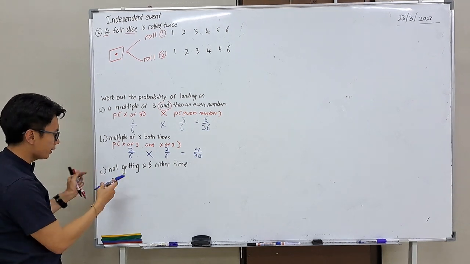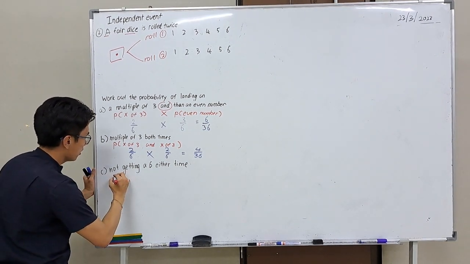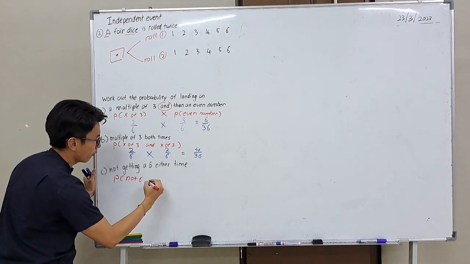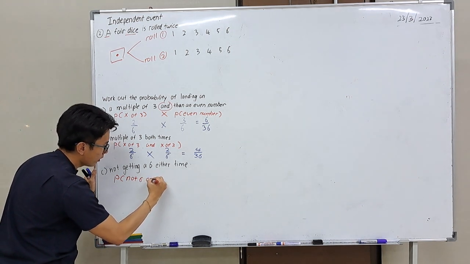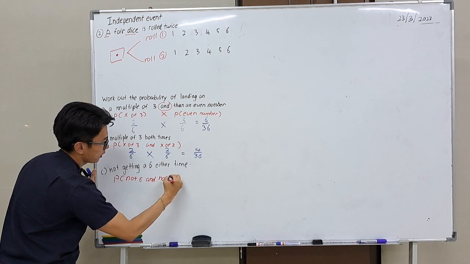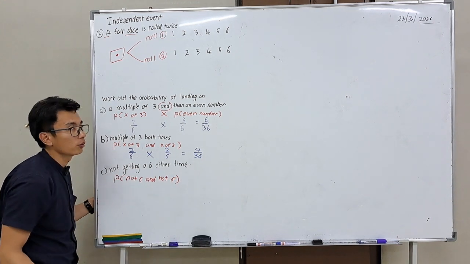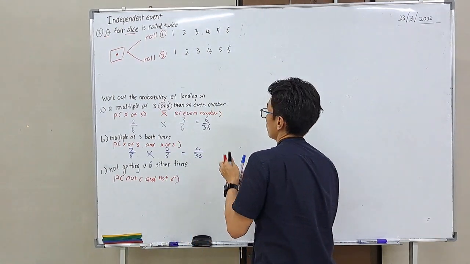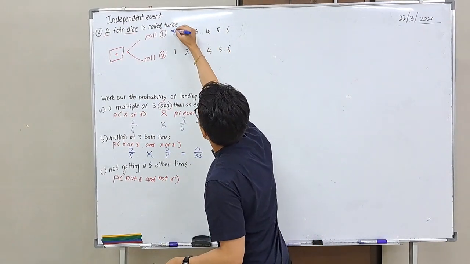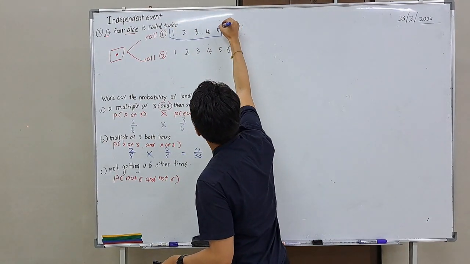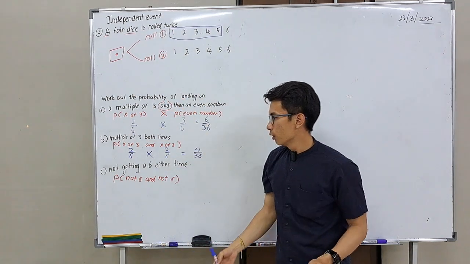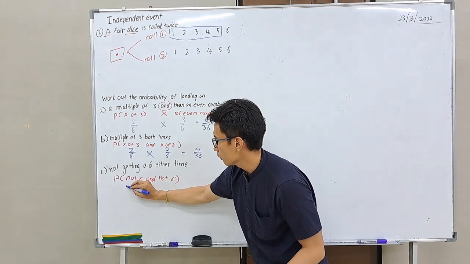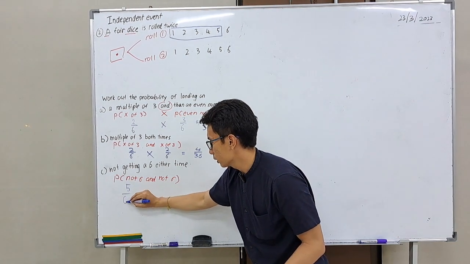Not getting 6 either time basically means I'm finding the probability of getting not 6 on my first roll and not 6 on my second roll. Not 6 means my 1 to 5. So not getting 6 on my first roll gives a probability of 5 over 6.